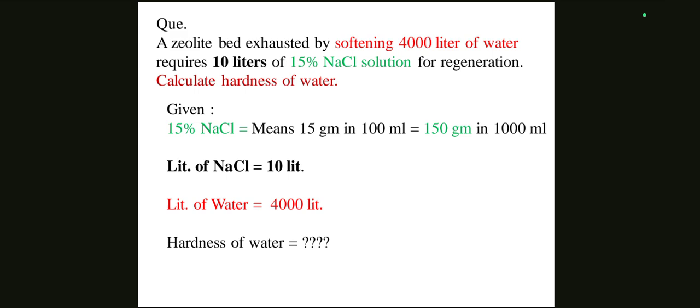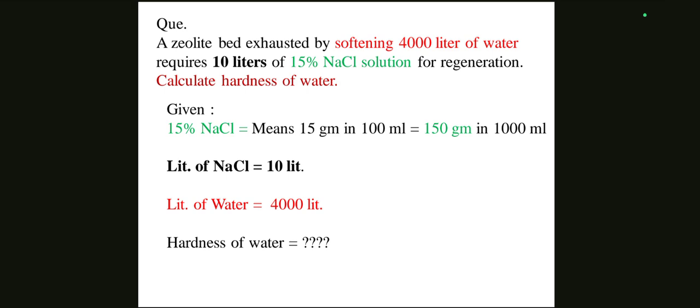So 15% NaCl means 15 gram in 100, but we have to make the volume 1 liter, 1000 ml. So 15 gram in 100 means 150 gram in 1000 ml. Liters of NaCl given is 10 liters. Liters of water given is 4000 liters. And what you have to find? Hardness of water.